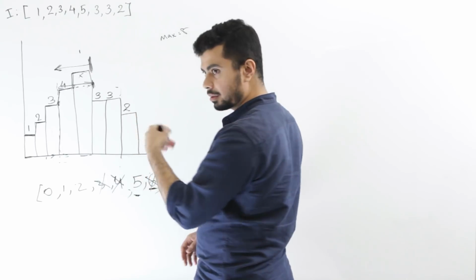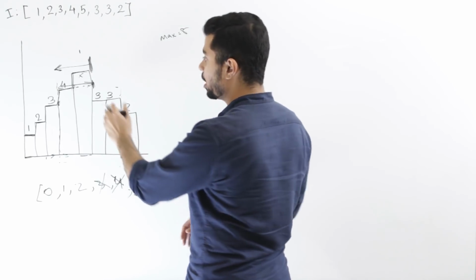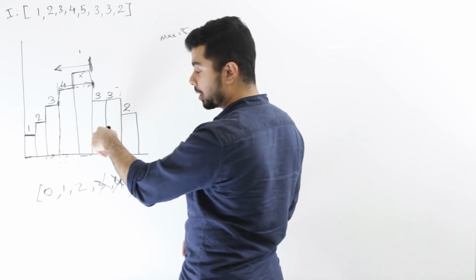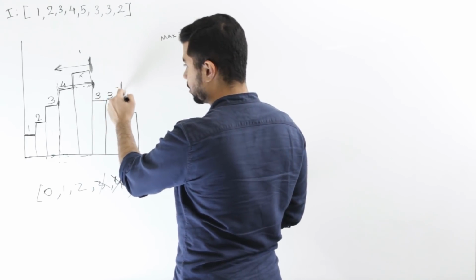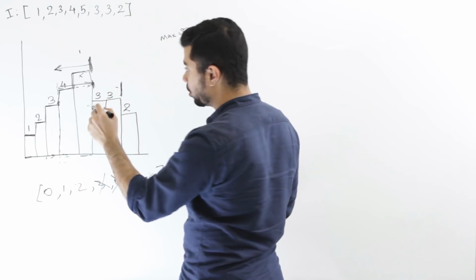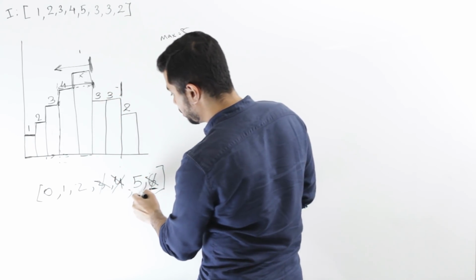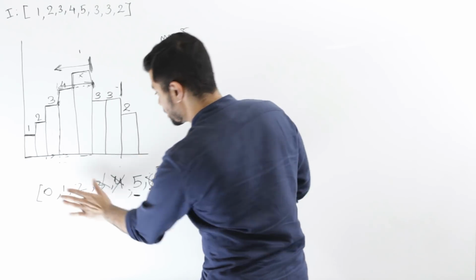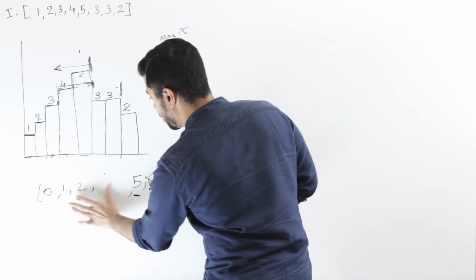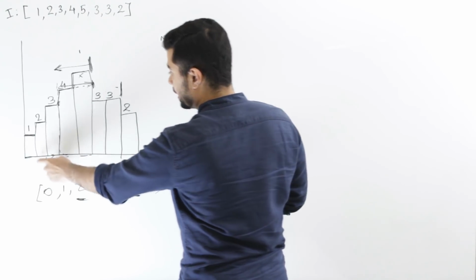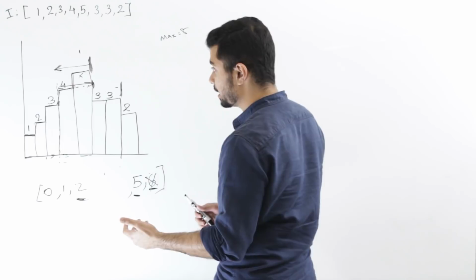Same thing. I can't iterate any further, so I need to compute the area of this bar, or the rectangle that this bar can make. So same thing. My anchor is still over here. And I say, okay, let me go all the way till the rectangle that was before me. In this case, it's this one. So let me just take these 2 bars out. Or the bar that was before me. So in this case, it's the one at index 2, which makes total sense, right?